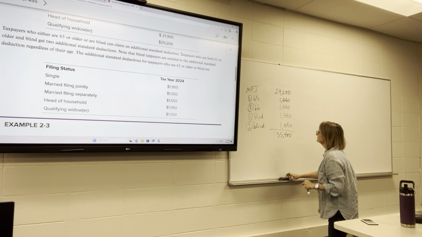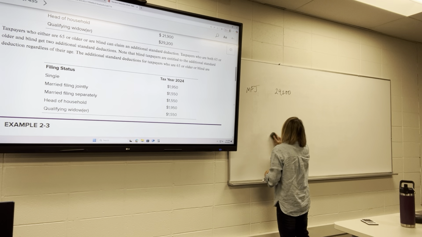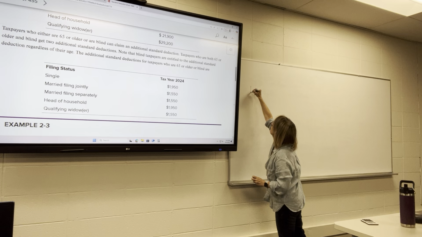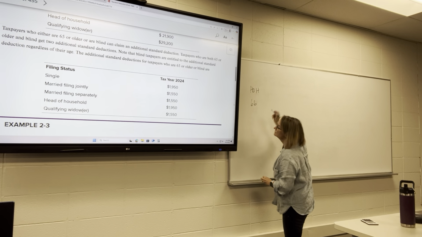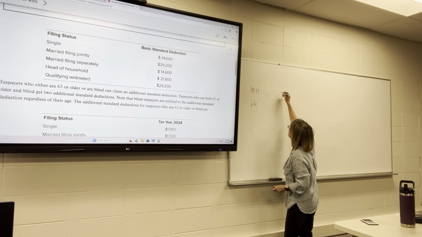Okay? So if we've got somebody who is, let's say we've got head of household, and they are 66 years old. So we start with the standard deduction for head of household, $21,900.